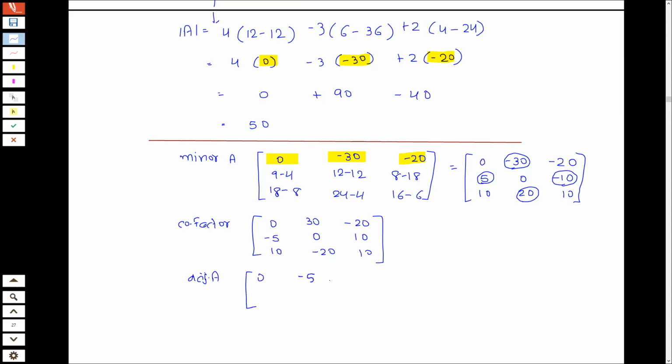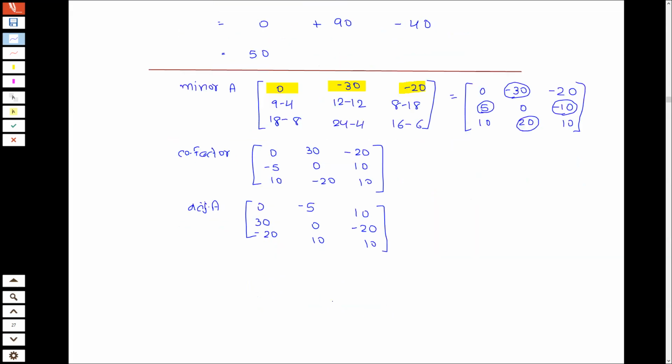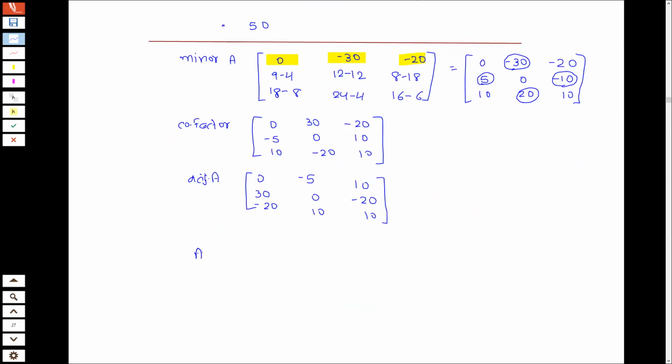So 0, minus 5, 10, 30, 0, minus 20, minus 20, 10 and 10. So adjoint matrix मिल गया. And now A का inverse matrix is 1 upon determinant of A into adjoint. So 0, minus 5, 10, 30, 0, minus 20, minus 20, 10 and 10.